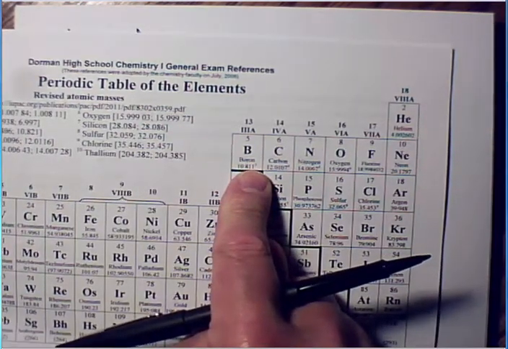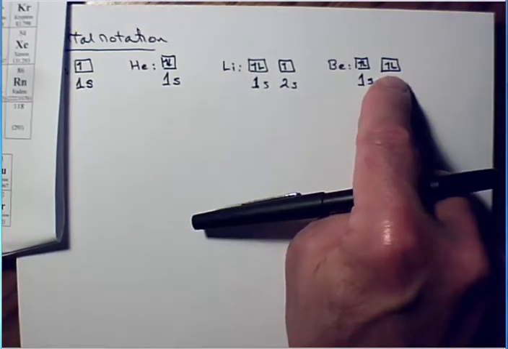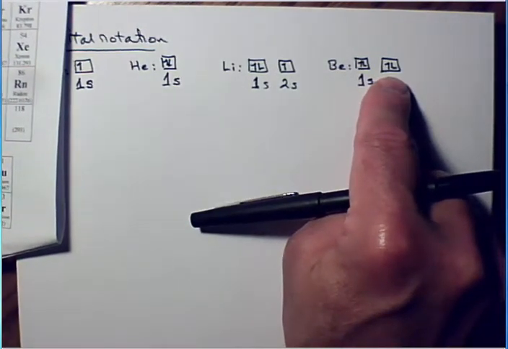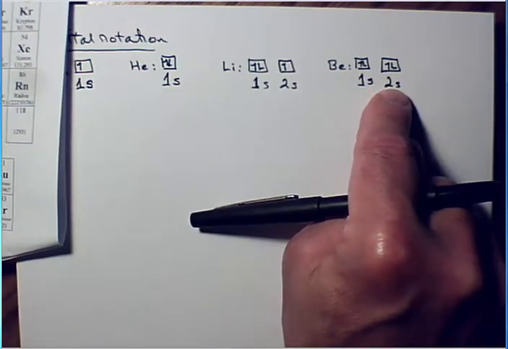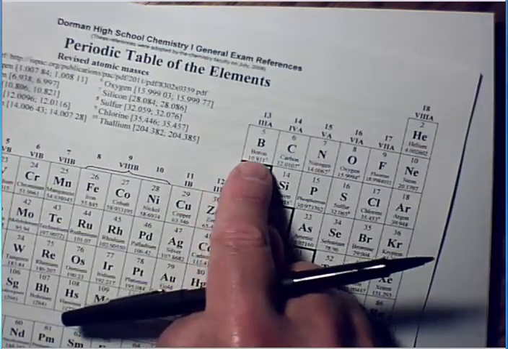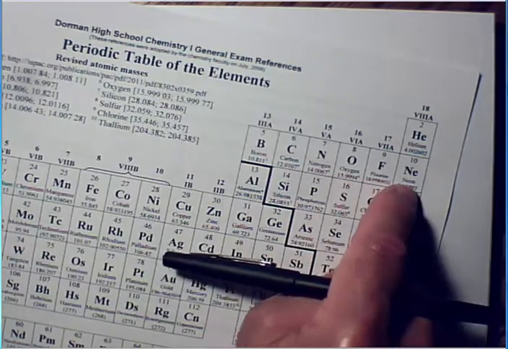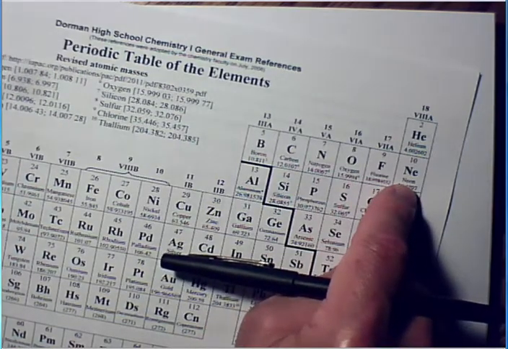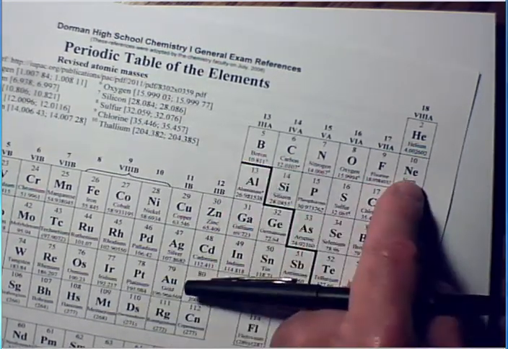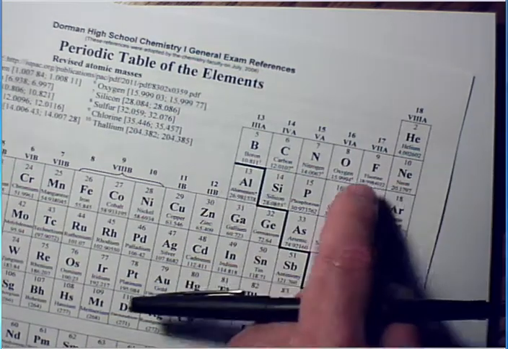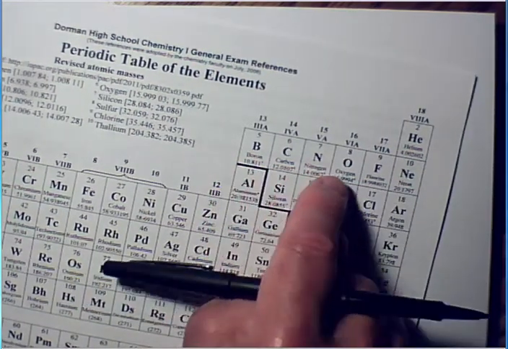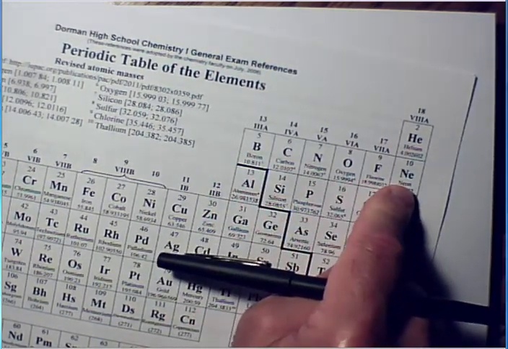P sublevel regions are different than S sublevel regions. S sublevel regions only have one orbital in that S sublevel. The P sublevel, there are 1, 2, 3, 4, 5, 6 elements here on the periodic table, representing the fact that we're going to put 1, 2, 3, 4, 5, 6 electrons in this P sublevel.